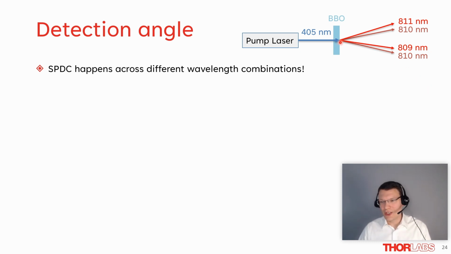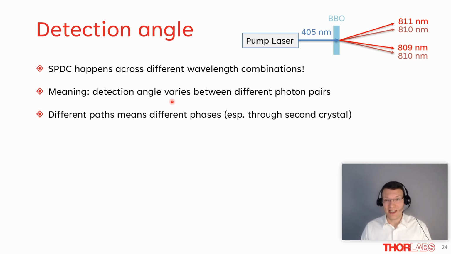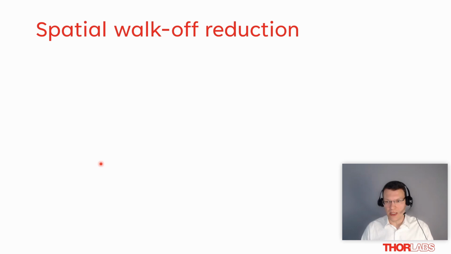And crucially, due to momentum conservation, they have a different emission angle. Now, different emission angle means different phases again, right? Because a different path, especially since we're going through these nonlinear crystals, we're collecting different phases. All of this is called spatial walk-off, and we can fight that through different means.